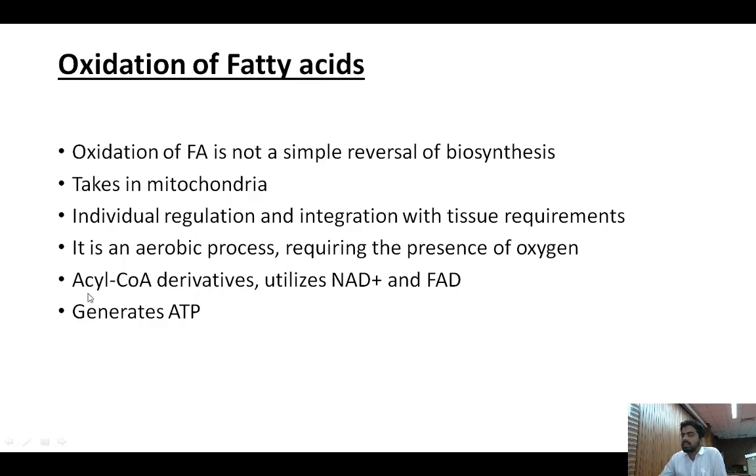We'll see what acyl coenzyme A is. It is nothing but fatty acid combined to coenzyme A. So first the fatty acid has to combine with coenzyme A, and only then can oxidation of fatty acid happen. That acyl coenzyme A will start forming different derivatives, utilizing two cofactors, NAD plus and FAD, and ultimately it will generate ATP. That is the whole purpose of oxidation of fatty acid.